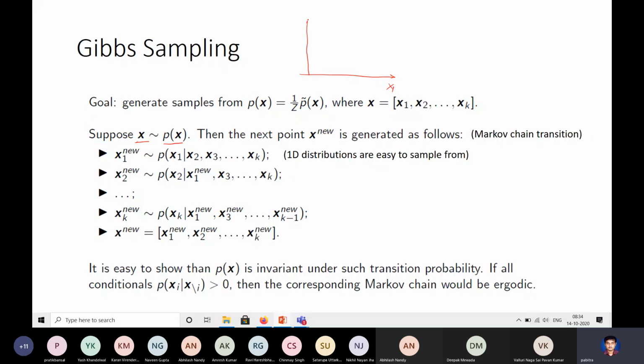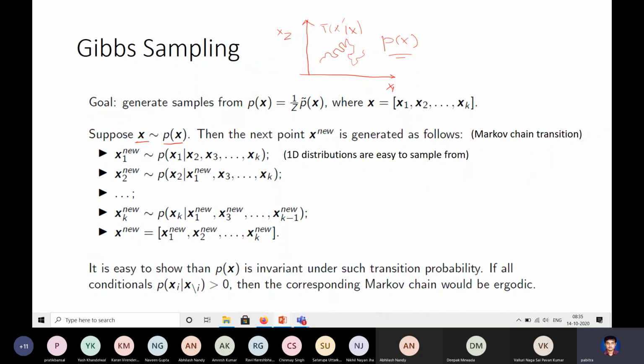So I have to design some transition probabilities of moving around so that the final trajectory is a sample from some target distribution Px. So I have to design a Markov chain whose stationary probability is Px. This X can be anything. It can be discrete, it can be continuous. All I have to do is to design some transition probabilities of moving along this path.